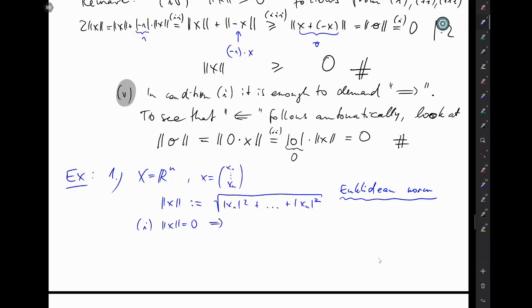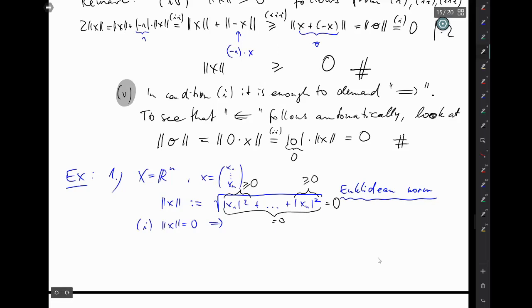Okay, so if the norm is equal to 0, then that would be equal to 0, which means that the term underneath the root would be equal to 0, but then however each one of these terms is greater than or equal to 0.